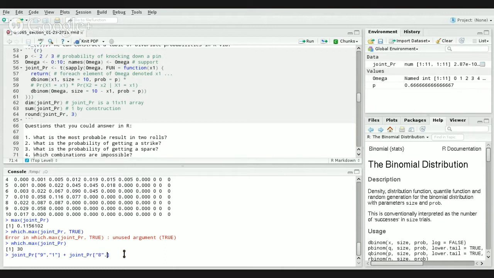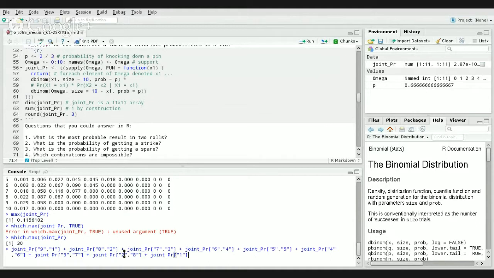so 8 and 2, 7 and 3, 6 and 4, 5 and 5, 4 and 6, which is a different event than knocking down 6 pins on your first try and 4 on your second try, 3 and 7, 2 and 8, 1 and 9, and finally 0 and 10.